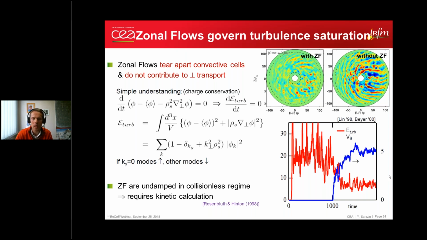So it's extremely advantageous to have a regime in which the zonal flows are strong, because then you end up with a small magnitude of turbulent level, and in the end, you can expect a much larger energy confinement time. So zonal flows are beneficial.